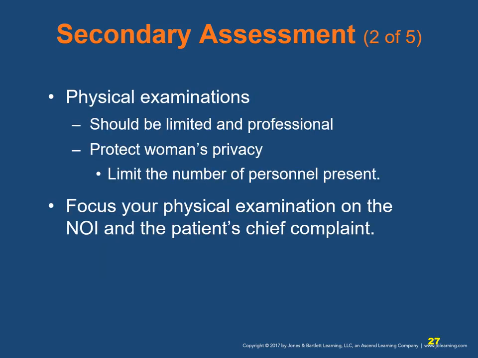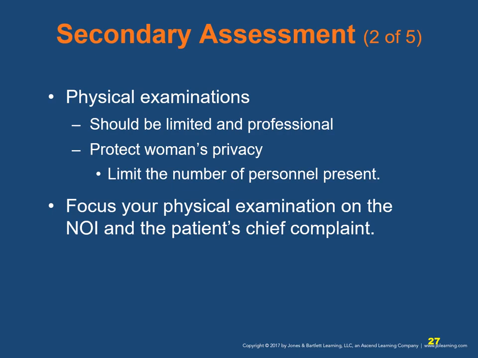Physical examinations should be limited and professional. Only examine the genitalia if it is necessary to do so to treat the patient. Protect the woman's privacy. Few women are comfortable with having their body exposed. Limit the personnel present. Be an advocate for her modesty.